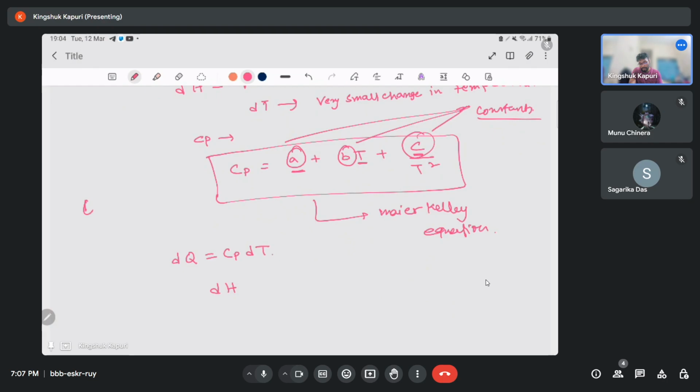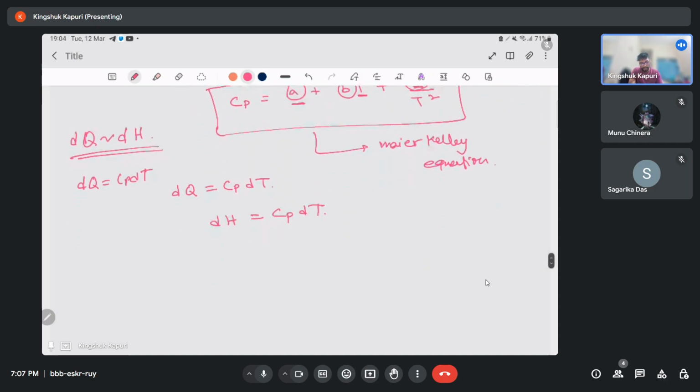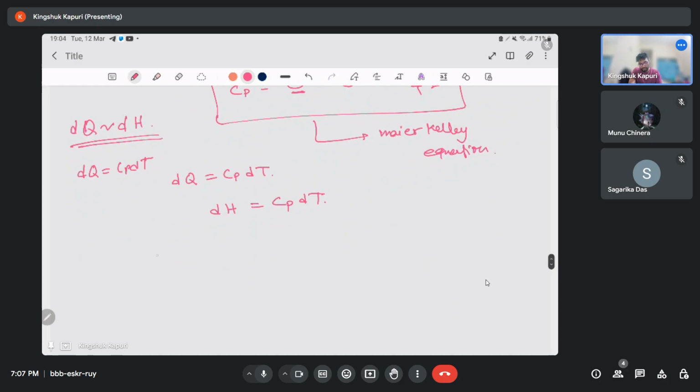Because dq is sometimes equal to dH, and dq equals Cp dT, it means dH equals Cp dT. Now if we integrate both sides, we can write this integral. Now we have to set some boundary conditions here.